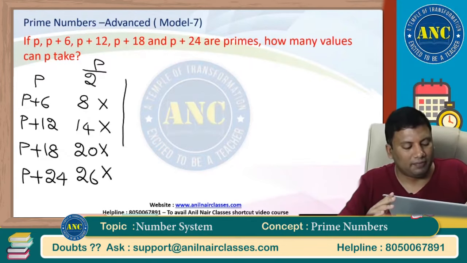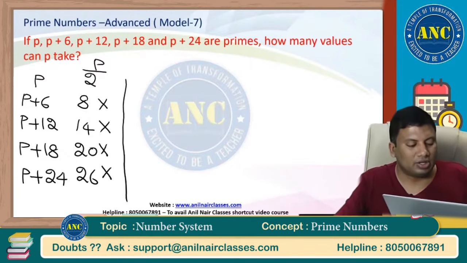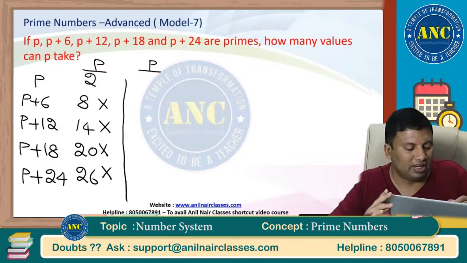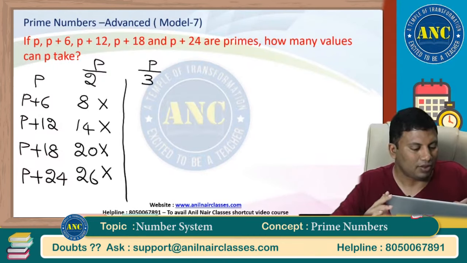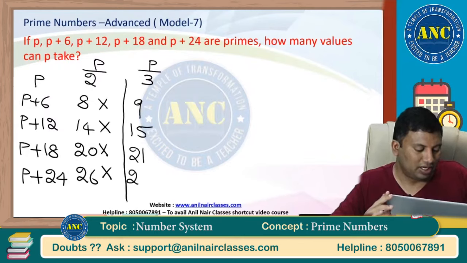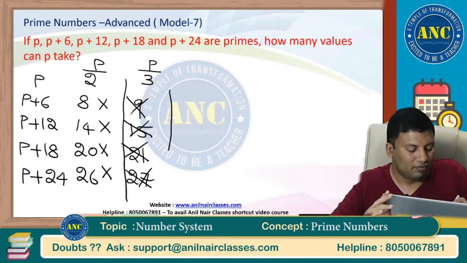These are all even numbers. Other than 2, there is no prime number which is even. If P is 3, then 3 plus 6 is 9, 3 plus 12 is 15, 3 plus 18 is 21, 3 plus 24 is 27. All are divisible by 3. So this also will not work.